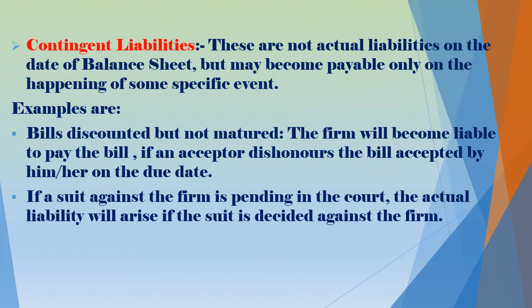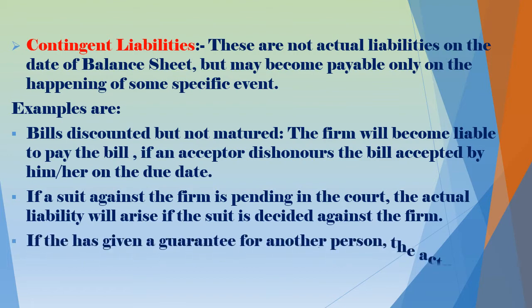Every year the case is still pending in the court, and if finally the case is decided against the firm, then the firm will be liable to pay some amount to the person who is fighting the case against the firm.